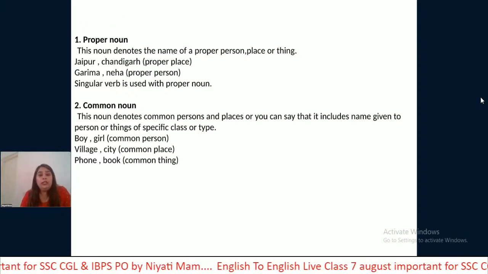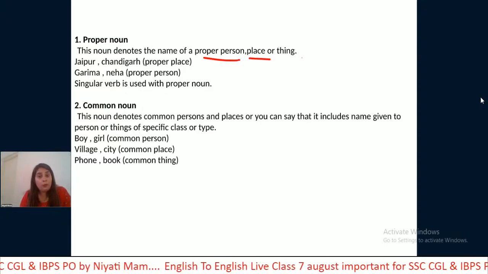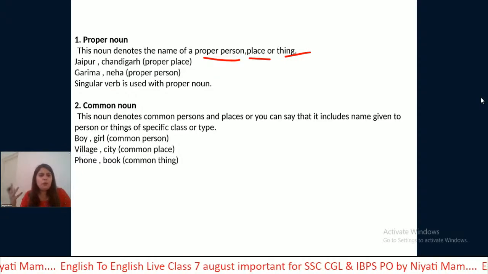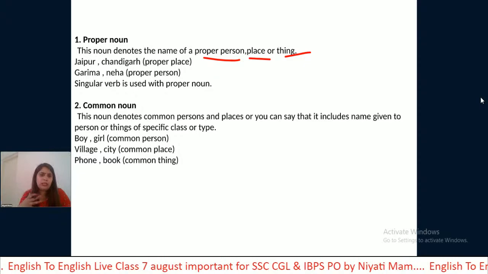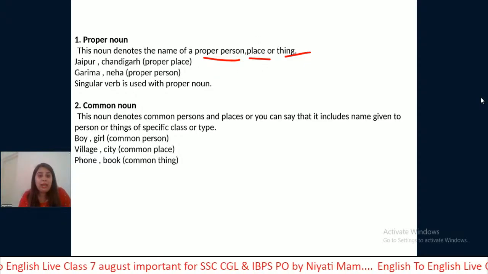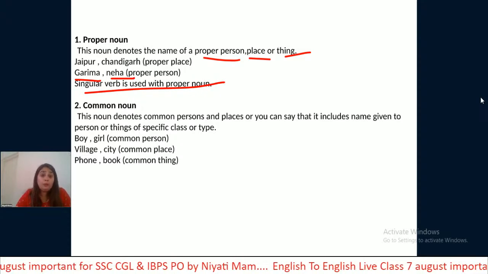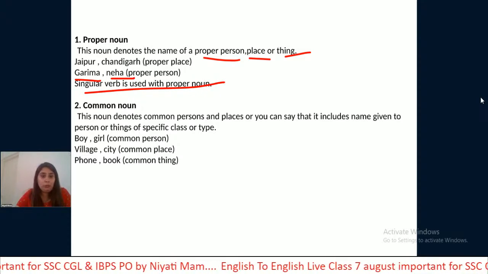This noun denotes the name of a proper person, proper place, or proper thing. Examples of proper places are Jaipur, Chandigarh, London, Washington. Proper persons are Garima, Neha. Singular verb is used with proper nouns.